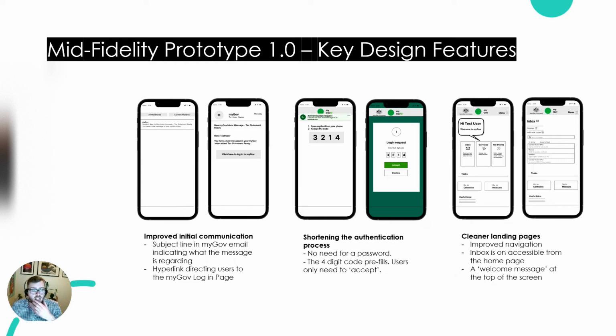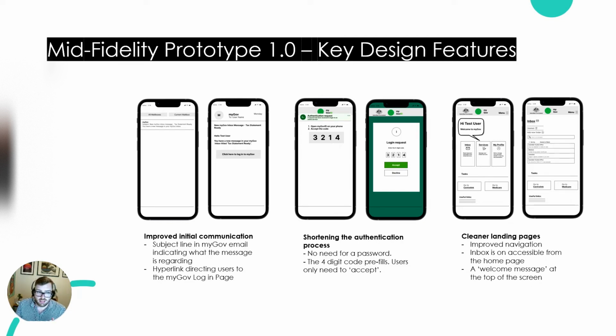So some of the key design features which I wanted to incorporate was improving that initial communication and including a subject line in that original MyGov email. And the other thing I wanted to include was an actual hyperlink directing users straight to the MyGov login page so that they could access that message sooner. Another thing I looked into was shortening the authentication process.